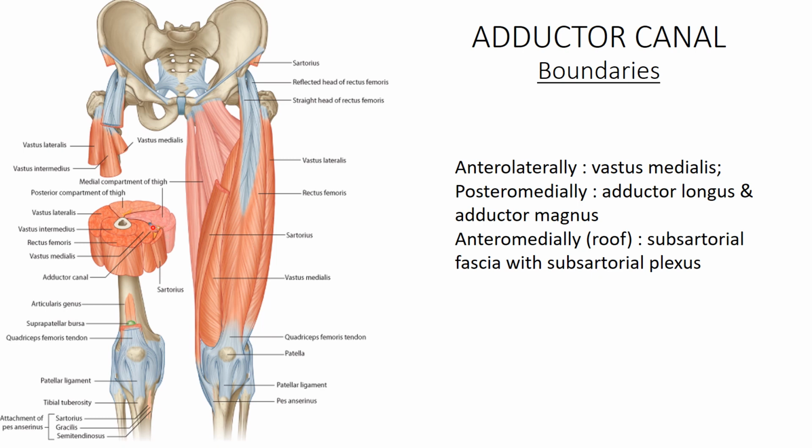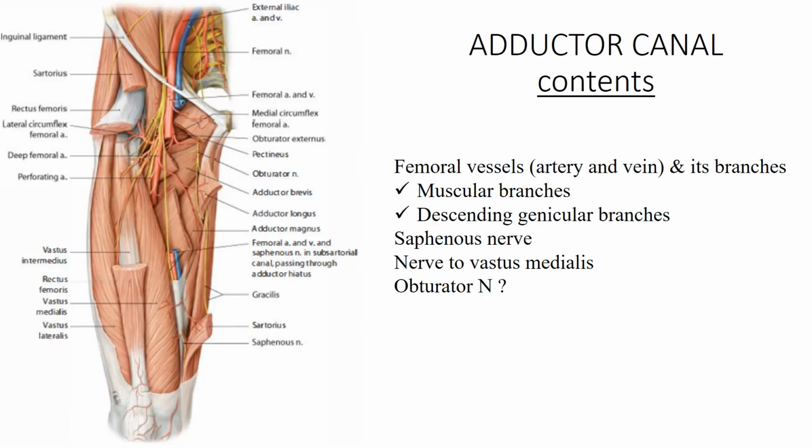So initially it is bounded by the adductor longus, later by the adductor magnus. The anteromedial boundary is known as the roof. It is formed by the subsartorial fascia having the subsartorial plexus. We will discuss the subsartorial plexus, how it is formed.